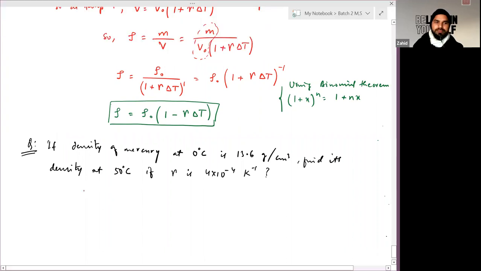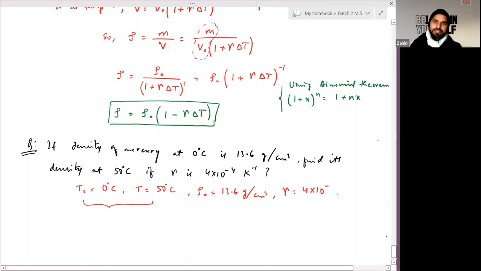We have initial temperature T0 to be 0 degrees Celsius. Final temperature T is 50 degrees Celsius. So take the difference of these two to find delta T. Initial density is 13.6 gram per centimeter cube and gamma is 4 into 10 to the power minus 4 Kelvin inverse. Use the above expression to find the new density, rho.